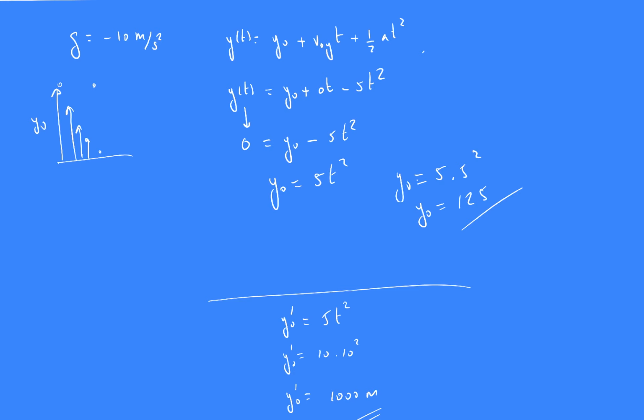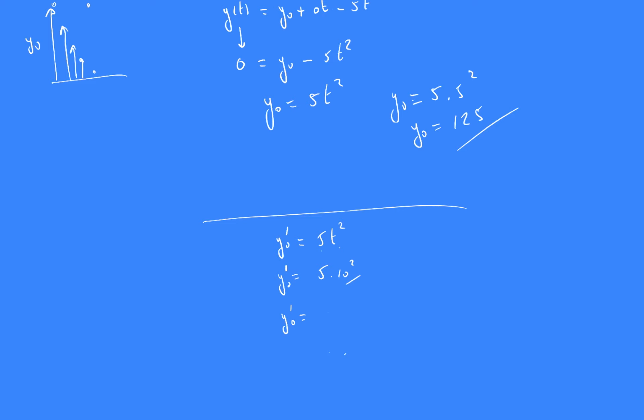But now it takes 10 seconds to arrive at the new pit. So the new y prime 0 will be 5 times the time it takes to arrive at the floor.